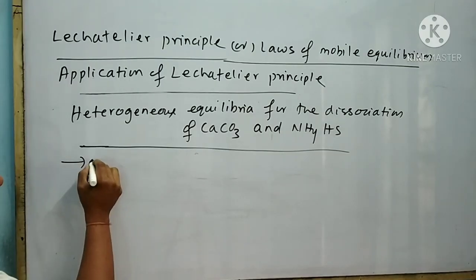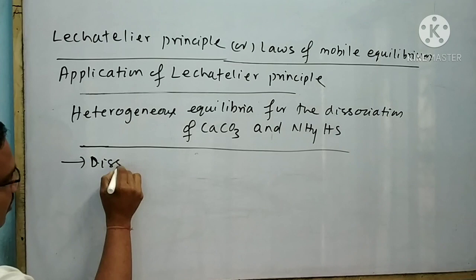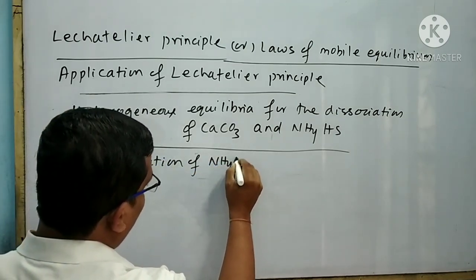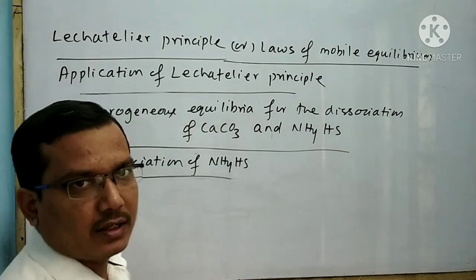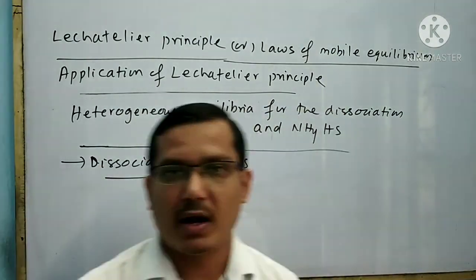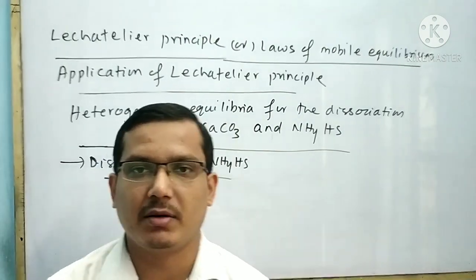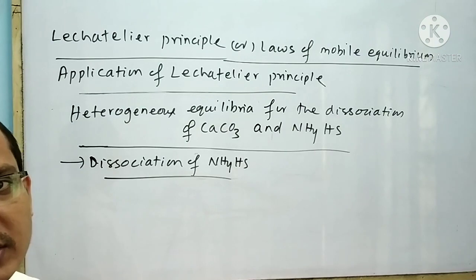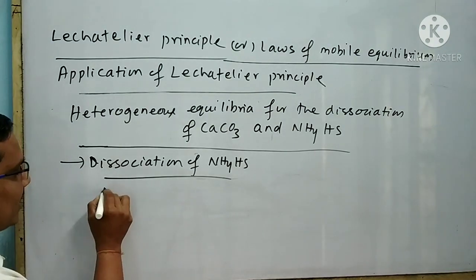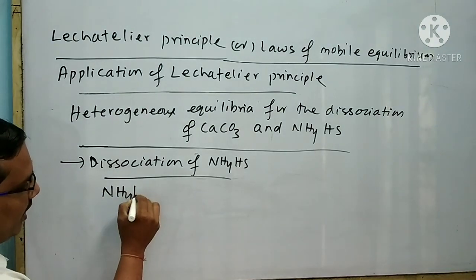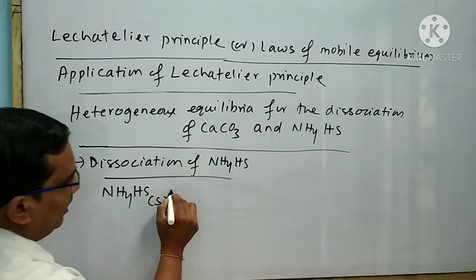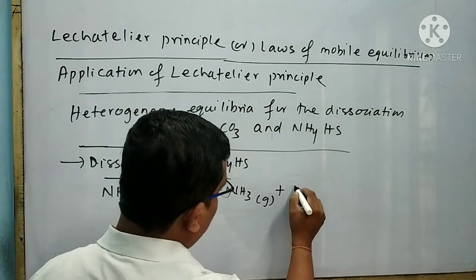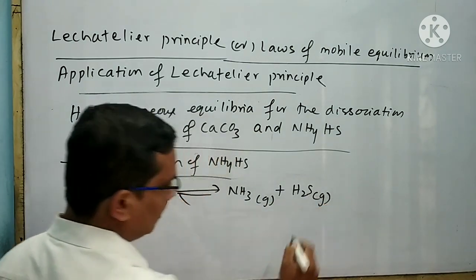Next, I want to explain about the dissociation of ammonium bisulfide. The dissociation of ammonium hydrogen sulfide results in the formation of ammonia and hydrogen sulfide gas. I can write the reaction like this: NH4HS solid gives NH3 gas plus H2S gas.